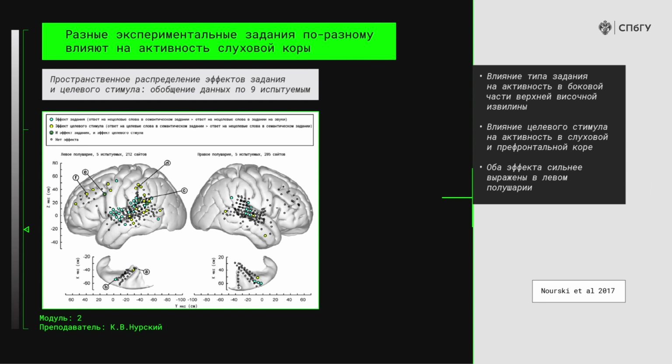Further, if these stimuli are targets, that is to say, the stimuli that the listener is instructed to press the button to, there is a further elevation of responses to these stimuli that is seen in the areas that are further away from the lateral STG and that constitute so-called auditory-related cortex. These effects, the task and target effect, are lateralized such that they both are prominent in the left hemisphere.